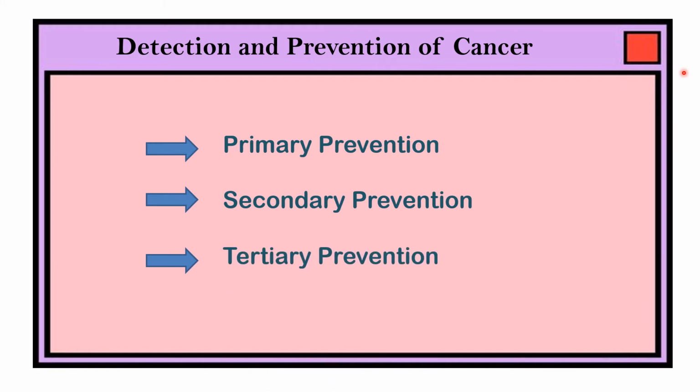As a nurse, in all settings, we play a key role in cancer detection and prevention. So it is very important for us to have our clinical eyes and good assessment skills that you've learned during your health assessment. Okay. This primary, secondary, and tertiary prevention of cancer are all important.